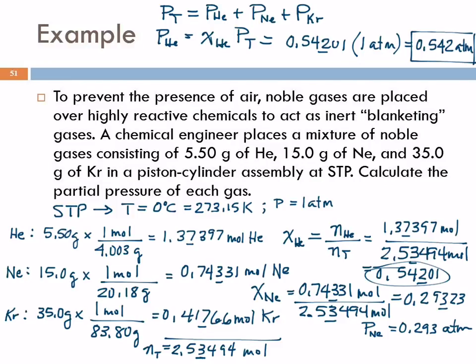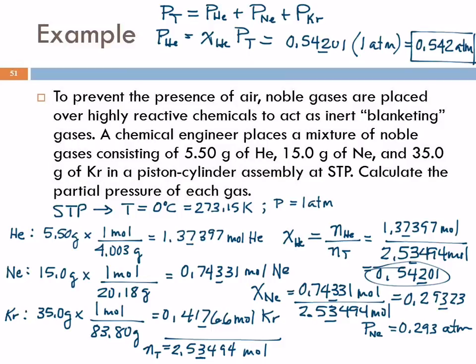We need to do a similar thing for krypton. We could take this number and divide by the total and get the mole fraction. What's another way we could find the mole fraction? We could subtract. All these mole fractions have to add up to 1.